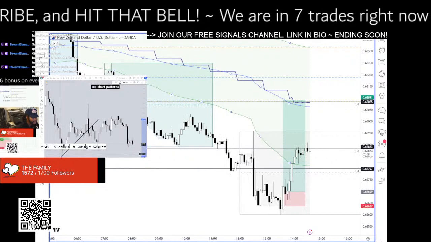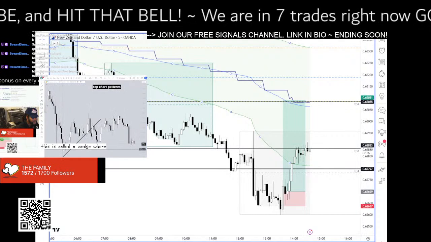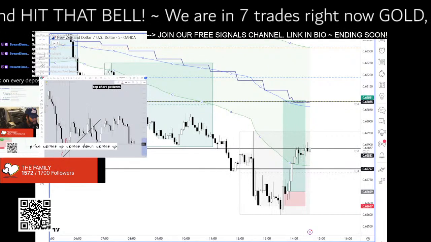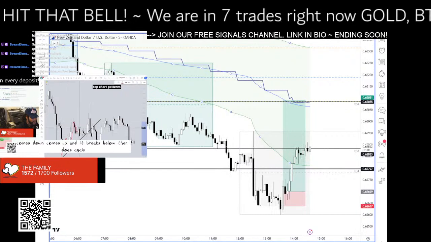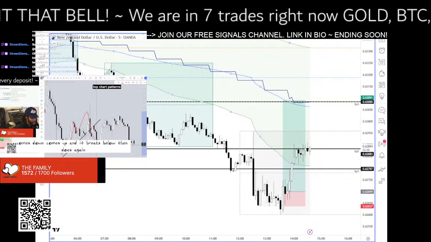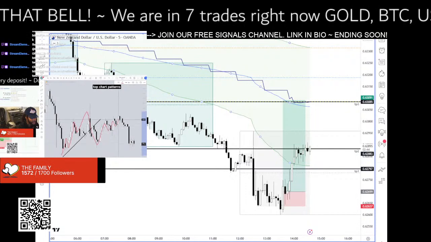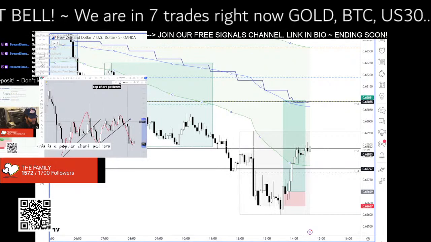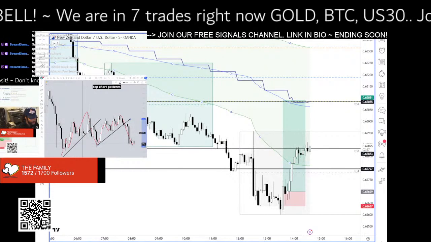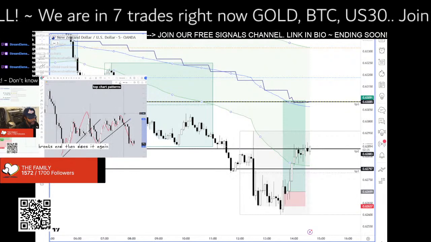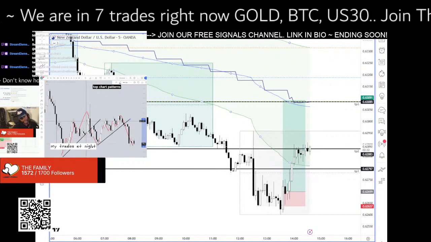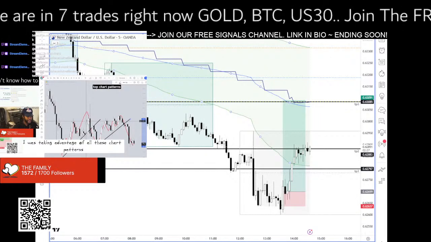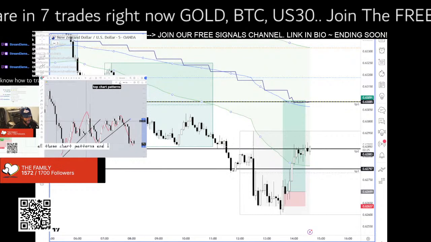This is called a wedge, where price comes up, comes down, comes up, comes down, comes up, then breaks below, and then does it again. You can see 2 wedges back to back. This is a popular chart pattern. When I was doing my trades at night, growing accounts super fast, I was taking advantage of all these chart patterns.